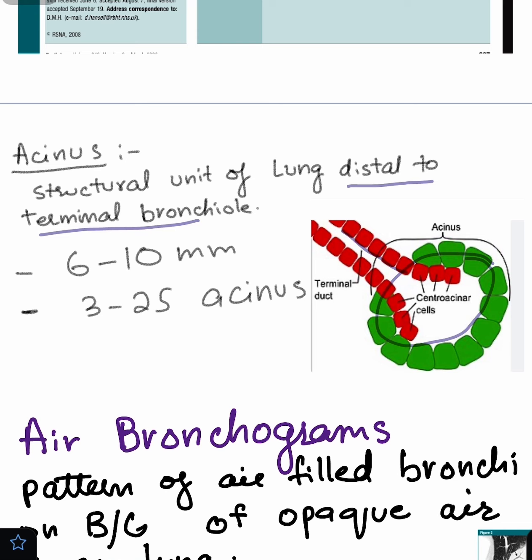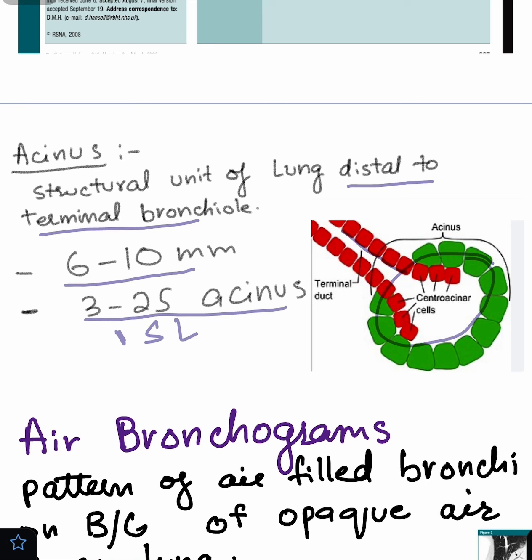It is the largest unit in which all airways participate in gas exchange, and it is approximately 6 to 8 mm in diameter, and one secondary lobule contains 3 to 35 acini.